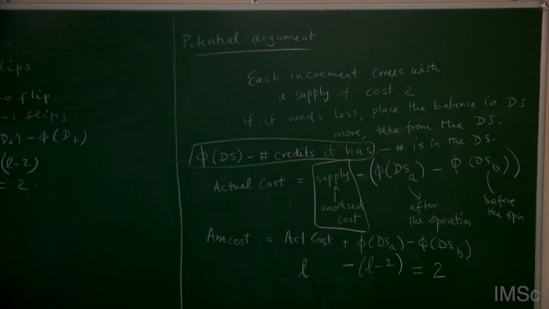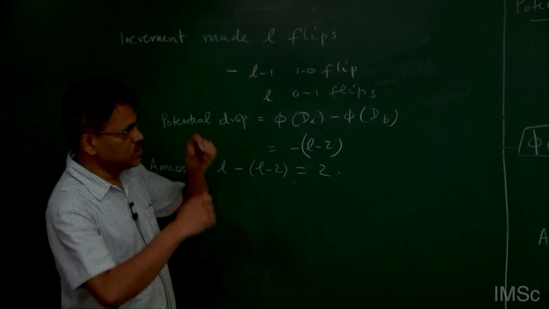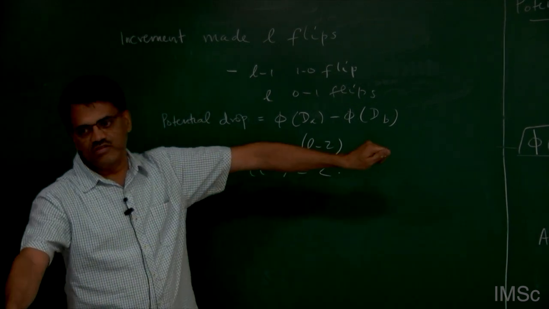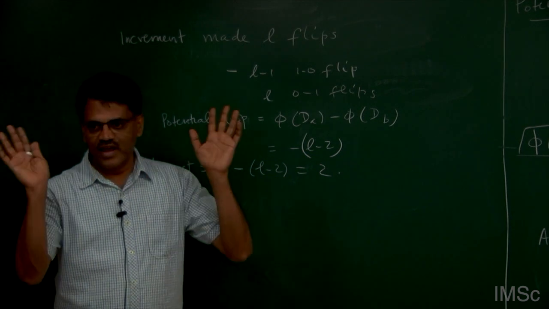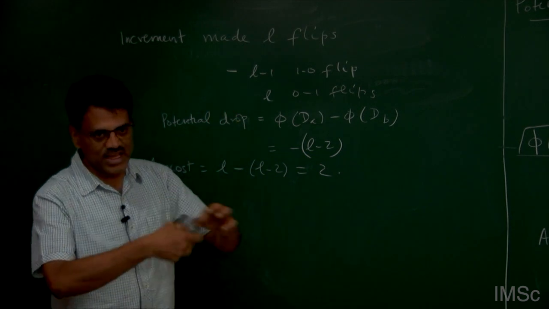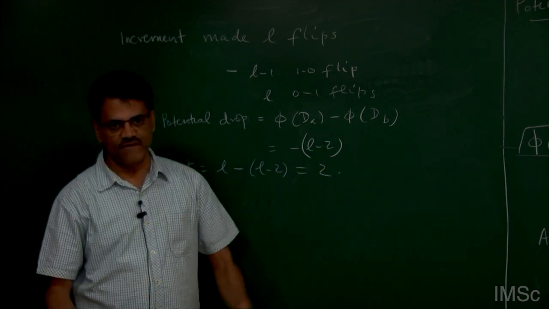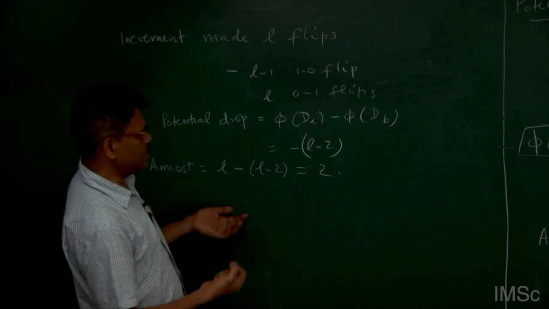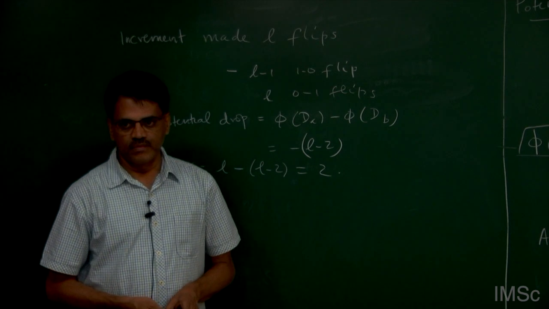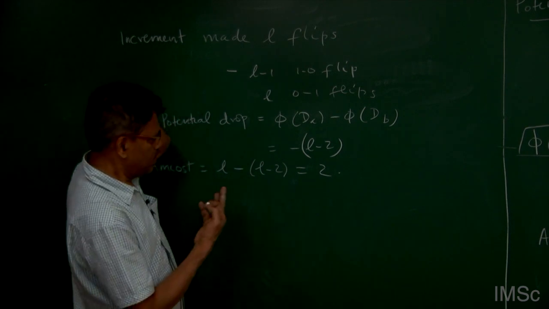Okay? So amortized cost, remember, is just the notion of the average cost over a sequence of operations. When you say average, there is no distribution, no probability, nothing. It's just that you take a sequence of operations, look at the worst case, and divide by the number of operations. And that is the average cost per increment, which for our increment operation is 2.